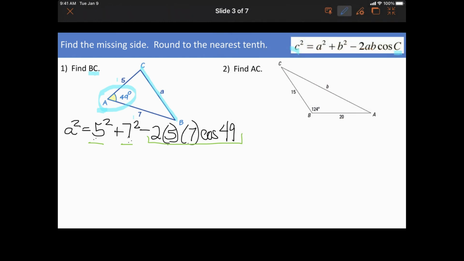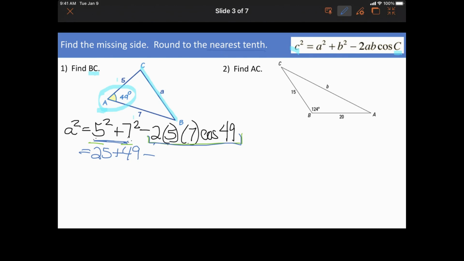If you try to add 49 and 25 together and then subtract 70, it's not going to be right. It's going to get you the wrong answer. So again, we're going to multiply this whole part. Now, when you round it, we're rounding to the nearest tenth.